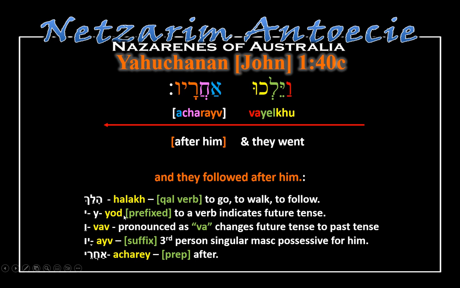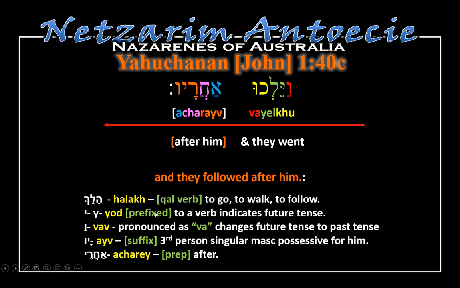And I've also told you that the yod prefixed to a verb indicates future tense. And then I've got the va, pronounced as va, changes future tense to past tense. So it reverses the tense, and that's why we have and they went rather than they were going, or they did go.